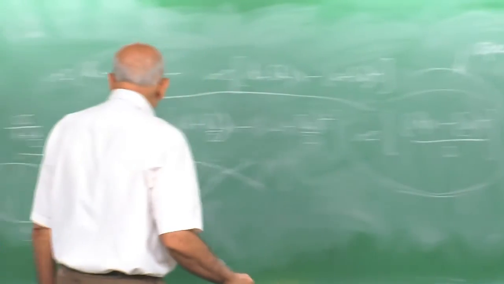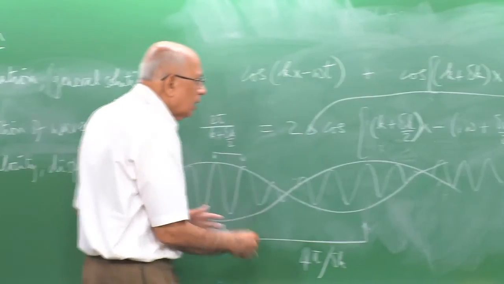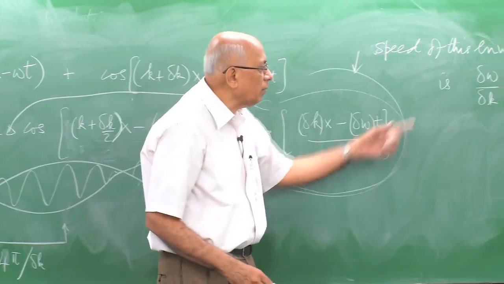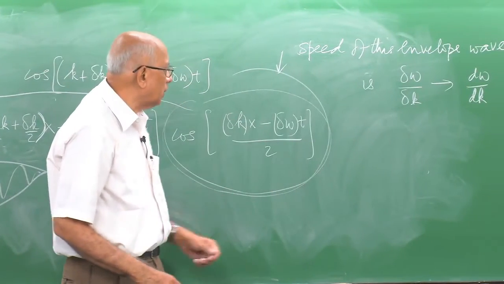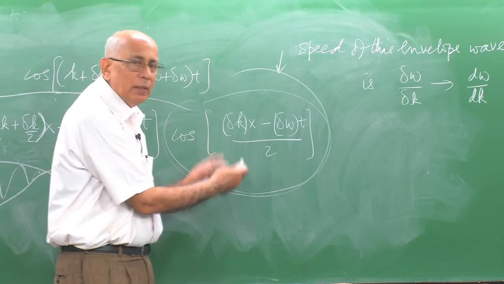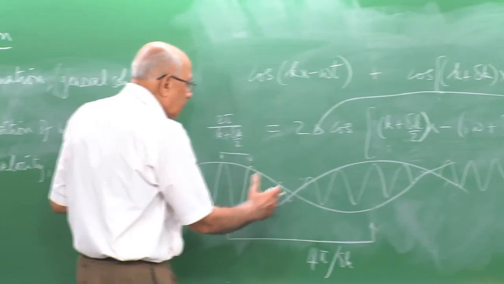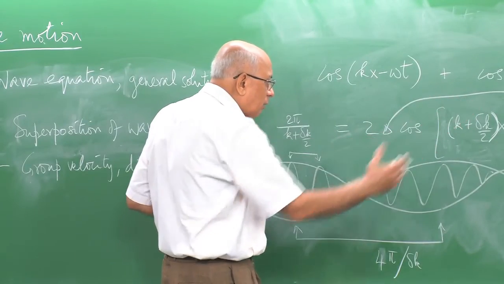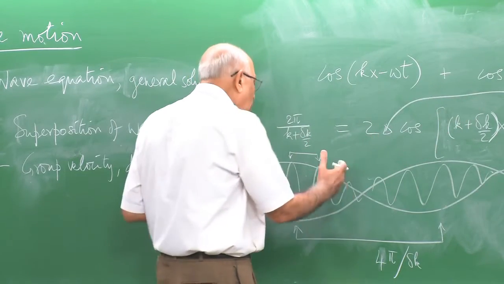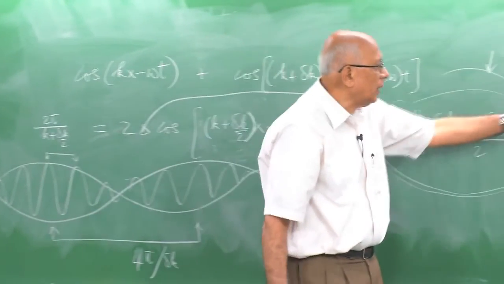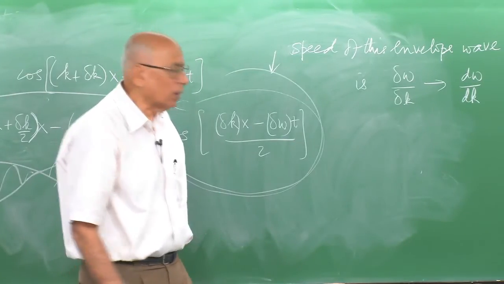So the point is I superposed two of these waves and found an envelope which is travelling at a speed given by delta omega over delta k. It is a much longer wavelength thing. So the original two waves have now broken up into groups. There is a group here, and that group as a whole is travelling with this speed, and this is called the group velocity.